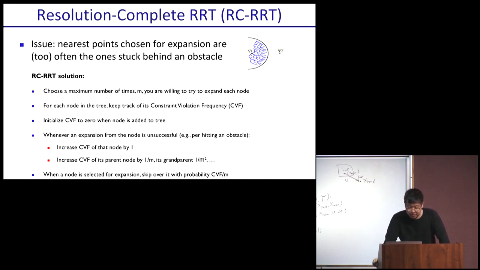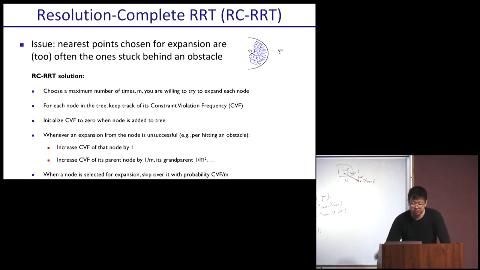Choose a maximum number of times m you are willing to try to expand each node. For each node in the tree, keep track of its constraint violation frequency. What is the constraint violation frequency? It is the frequency that the sampled point is out of the boundary. We initialize the CVF, the constraint violation frequency, to 0 when a node is added to the tree.